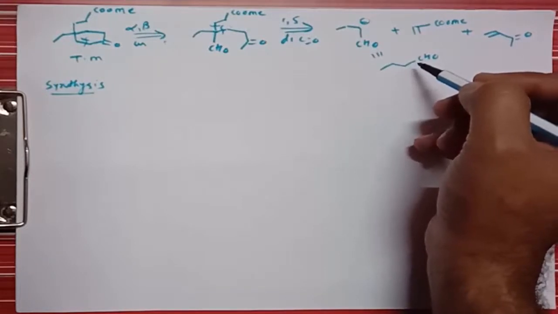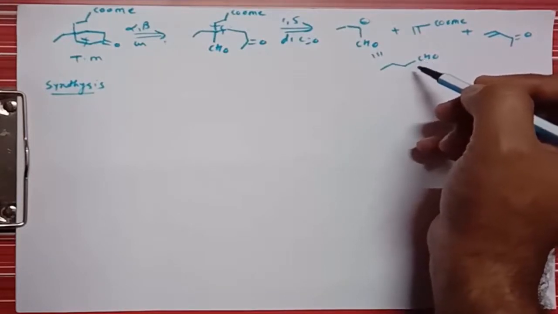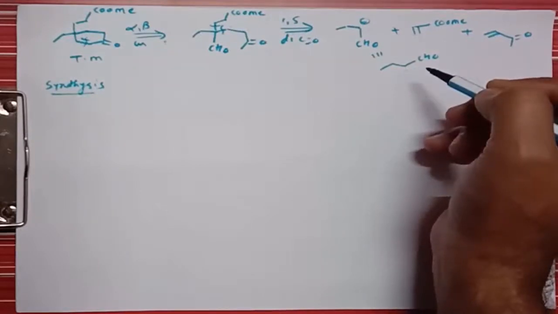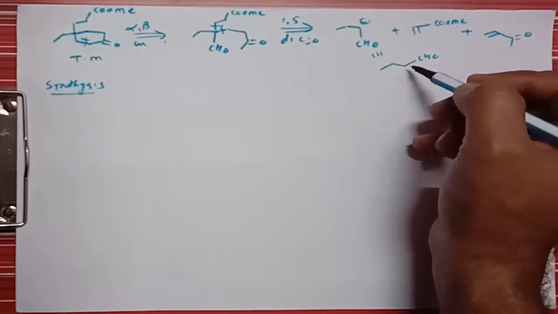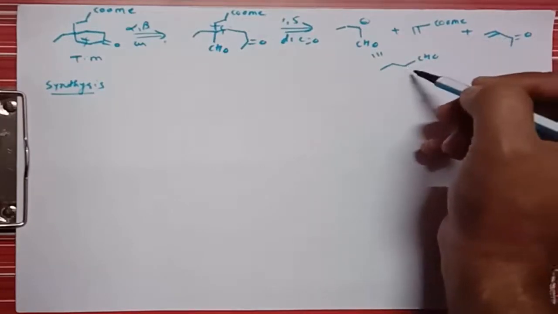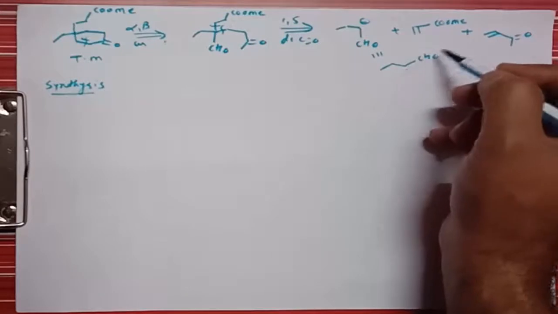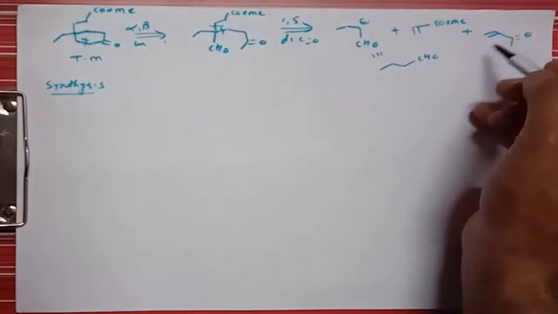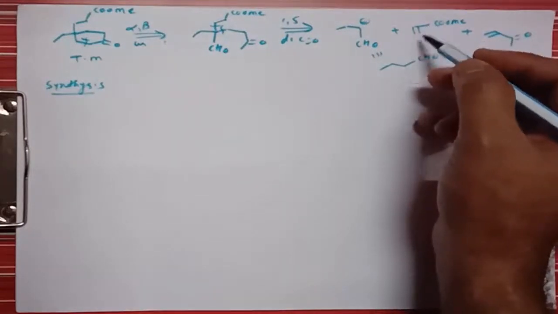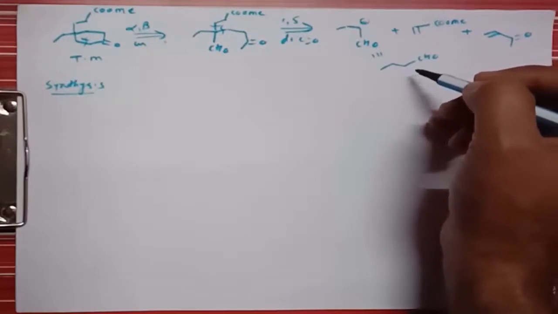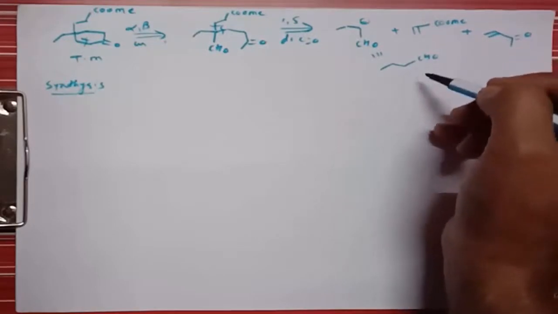But for getting a stable enolate from this aldehyde, we cannot activate the alpha position of this aldehyde, because there will be no room for the second Michael addition, because we want to do two times Michael addition. Initially we have to add this on the ketone and then with the ester, right? And therefore, if we activate this position, there is no room for the second Michael addition.